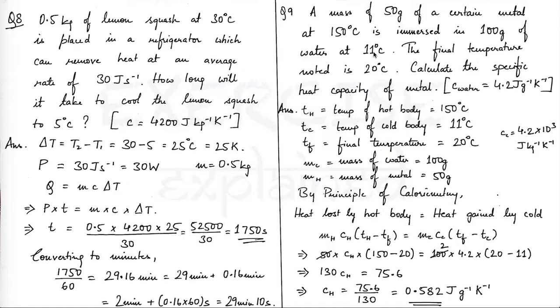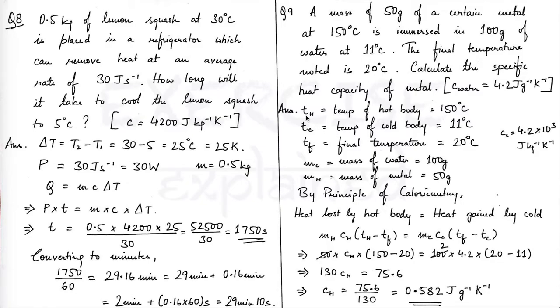Please remember this. For the hot body, change in temperature is hot body temperature minus final temperature, and for the cold body it is final temperature minus cold body temperature.